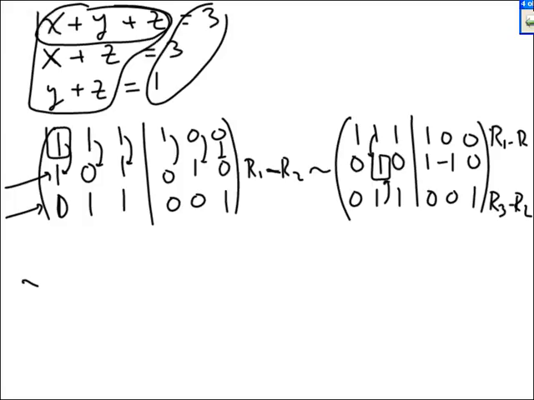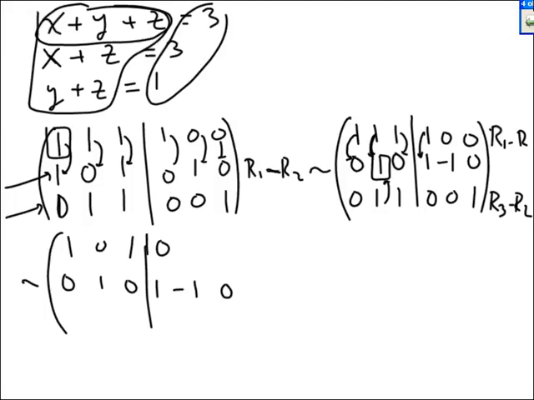So the second row is not being changed. And we do row 1 minus row 2 for new row 1. 1 minus 0. 1 minus 1 is 0. 1 minus 0 is 1. 1 minus 1 is 0. 0 minus negative 1 is 1. And of course, 0 minus 0 is 0.